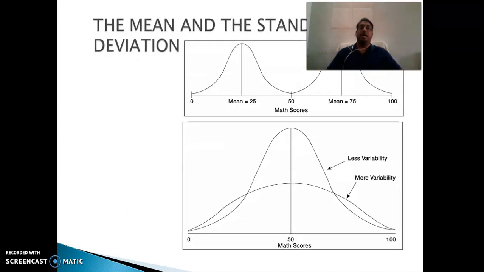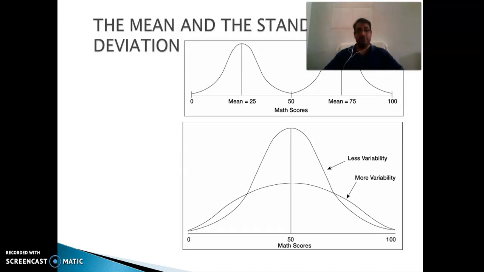Then the mean and the standard deviation. You can look at the first figure. The distributions of scores can be equal in their variability but very different in their mean. In the first diagram, they have different means but the distribution of scores can be equal.